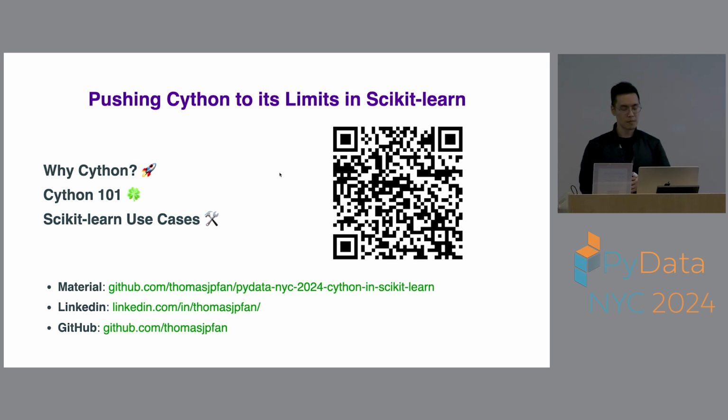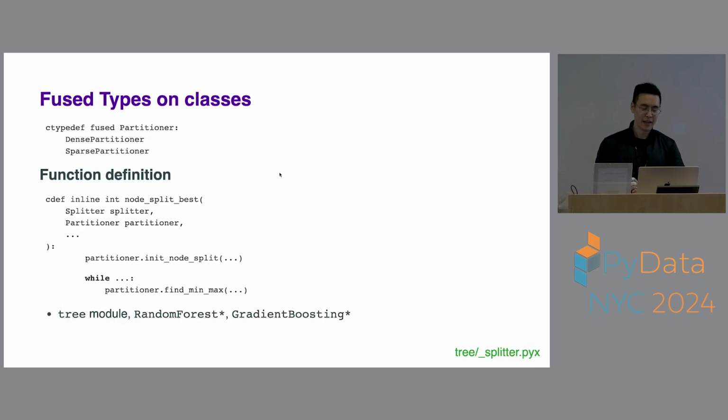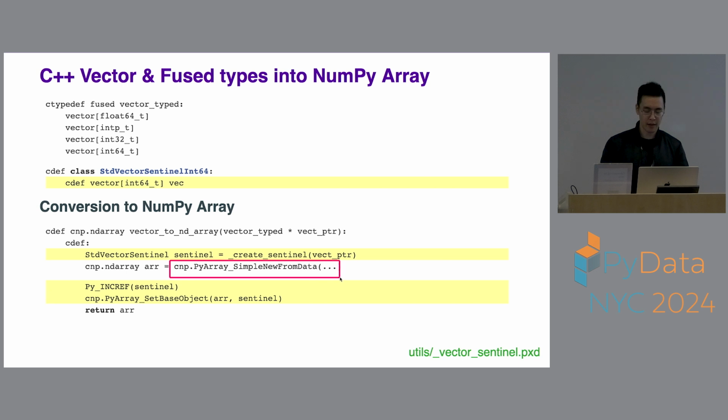I was just going to ask about the interface. You had mentioned that when you go between C++ vectors and NumPy arrays, you're not copying. Say something more about that. I just went really quickly. This was a clever hack, a clever way to do this. When we call this NumPy API, we pass it the data pointer to the vector, which is a contiguous block of memory, so we're not copying, we're just pointing to it.